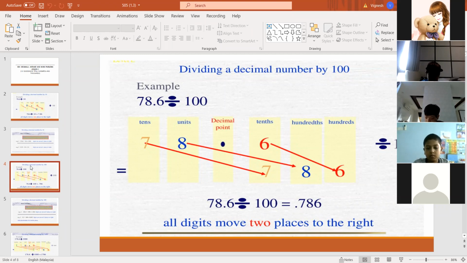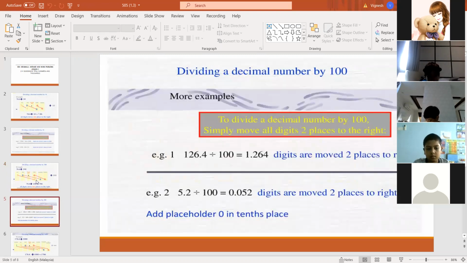How many decimal places you need to move? 2. 2 decimal places to your left. As you see here, 78.6. If you are moving 2 decimal places to your left, it means you are bringing the decimal to your left 2 places. So your new number is 0.786. Understand or not?